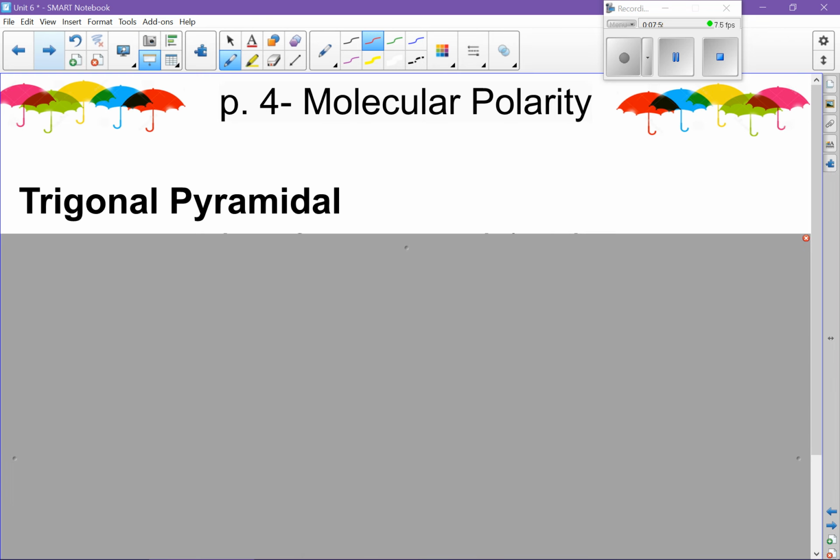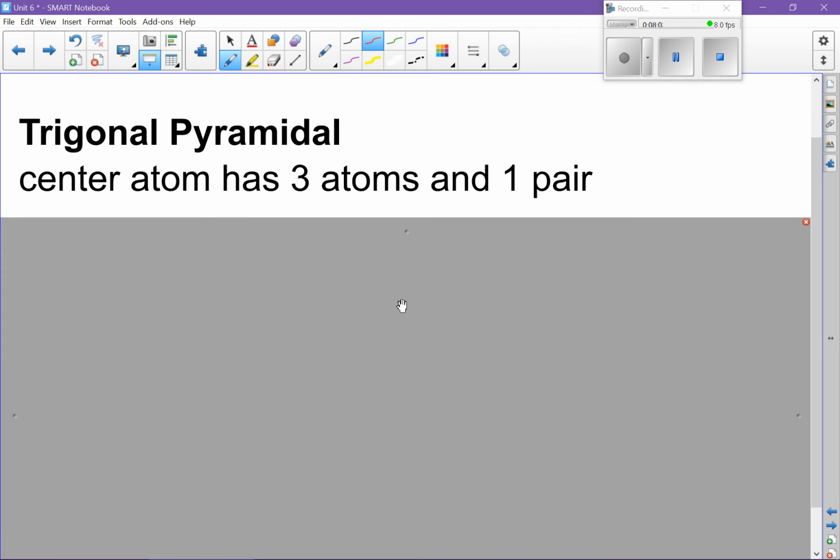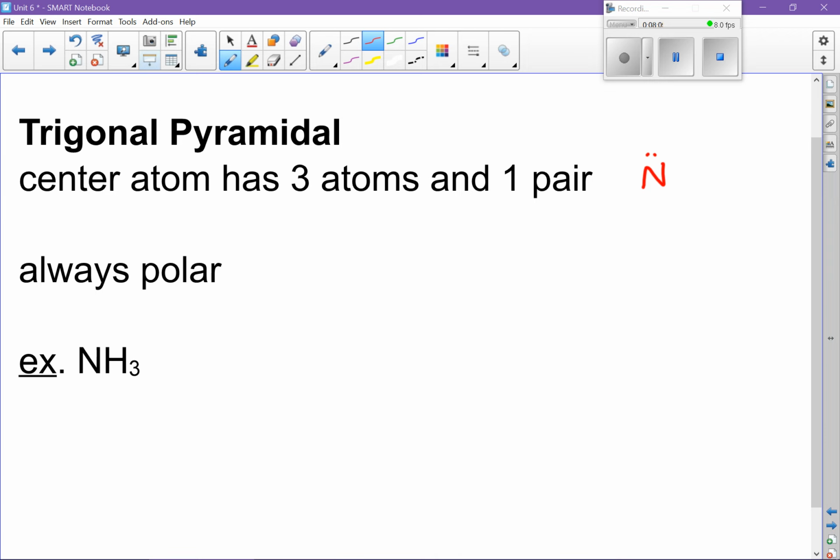Same rule applies to trigonal pyramidal molecules. Trigonal again means 3, but here you have 1 extra pair, so it'll look something like that. Trigonal pyramidal is also always polar. So if I draw NH3, oops, 1 extra dot there.